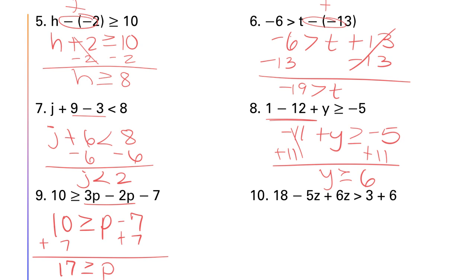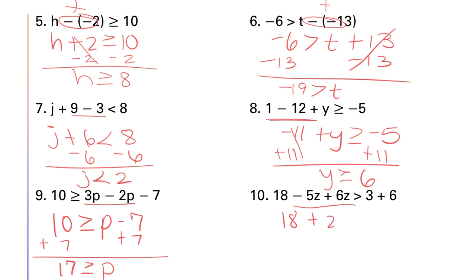And finally, number 10. I'm going to combine my variable terms. What is negative 5z plus 6z? Do I touch my 18? No, right? But what's negative 5z plus 6z? Is it positive or negative? Positive, right?